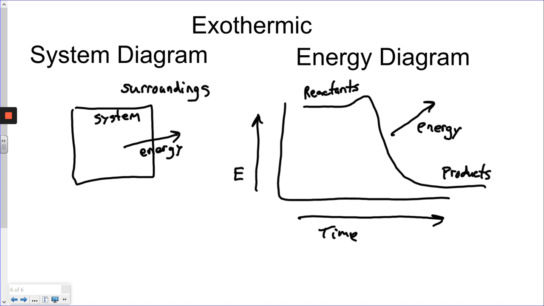We have our methane and our oxygen gas up here, and down here we end up with our products, things like CO2 and water. The amount of energy in the methane gas and the oxygen gas is a pretty high amount of energy. The amount of energy in our products, our carbon dioxide and water, is actually lower. So all of that energy has to go somewhere, and that's the heat and light that we feel when we light the Bunsen burner to burn the methane gas.